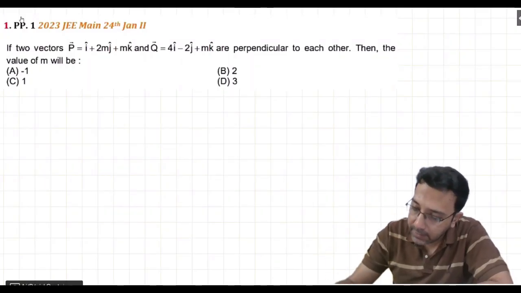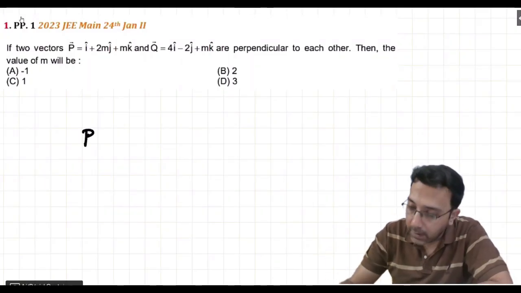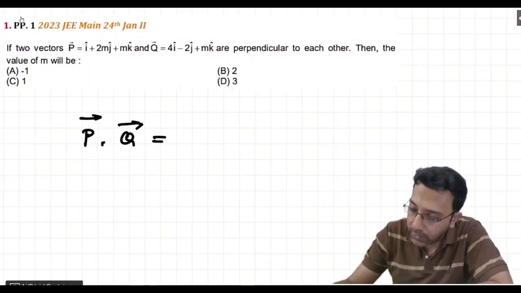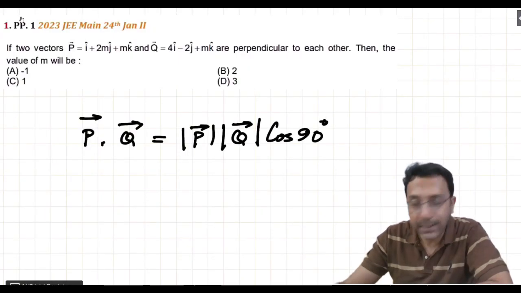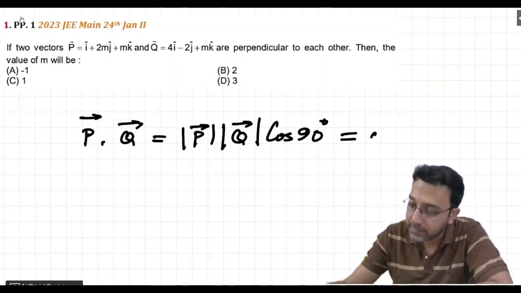I'm just writing that vector p dot q is equal to mod of p mod of q cos 90 degrees. Cos 90 is 0, so this turns out to be 0.